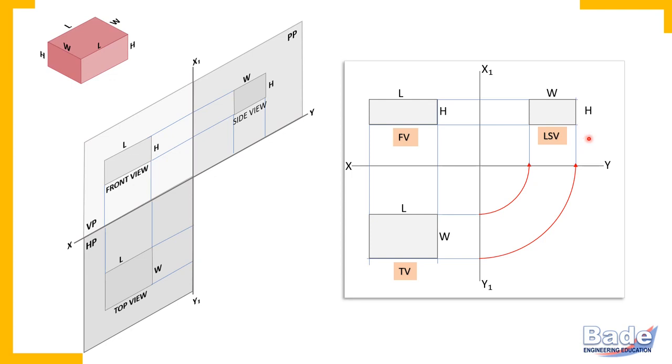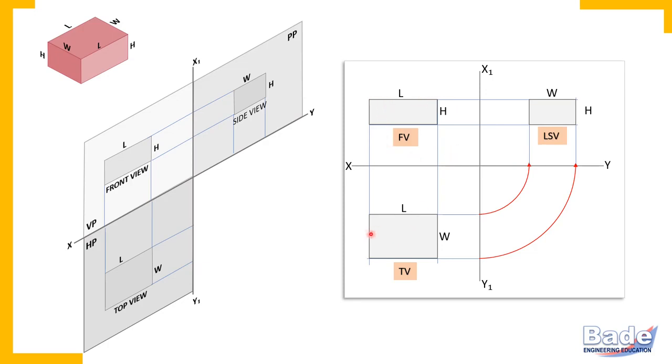So remember once again, in isometric view, height is vertical, length is at an angle of 30 degrees and width also appears at an angle of 30 degrees. But in orthographic views, in the front view, length is horizontal and height vertical.